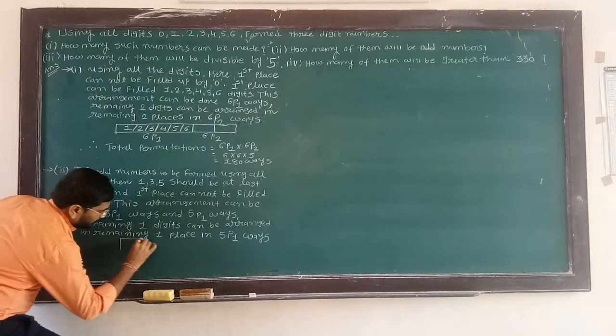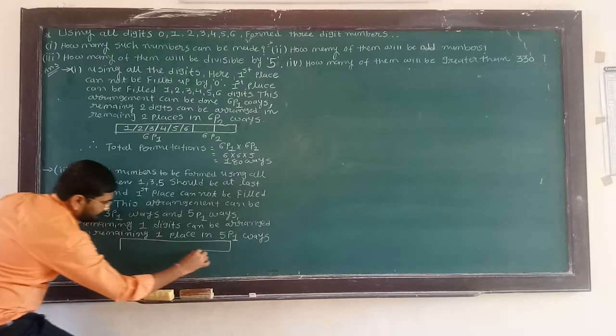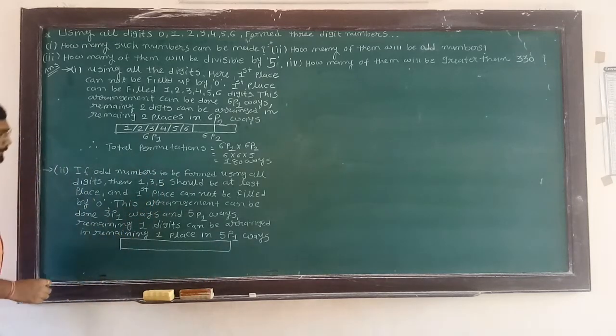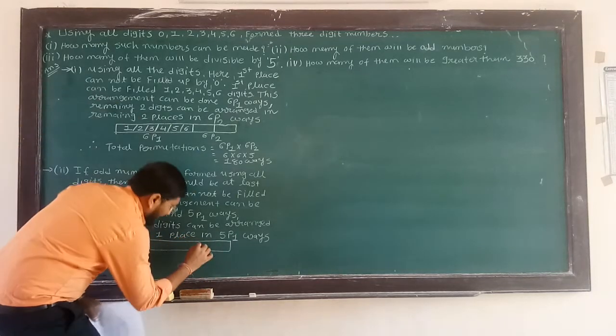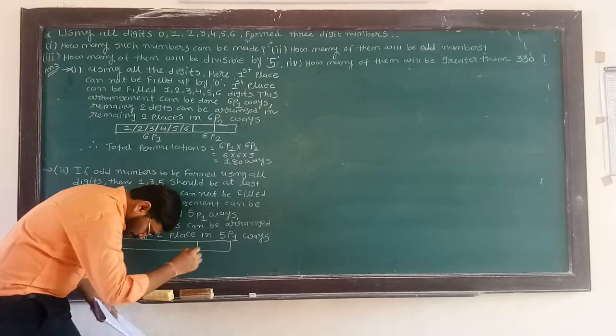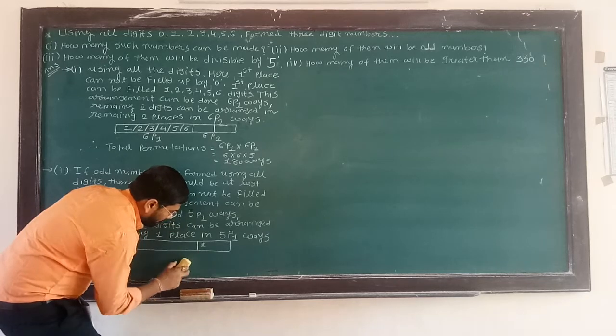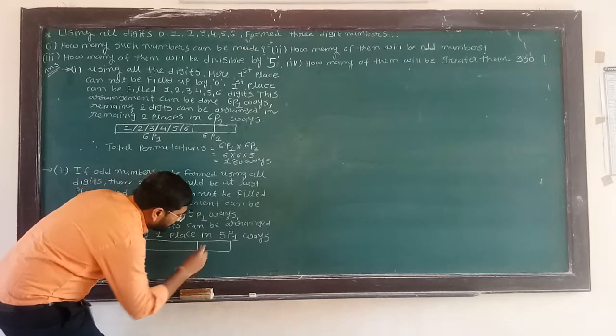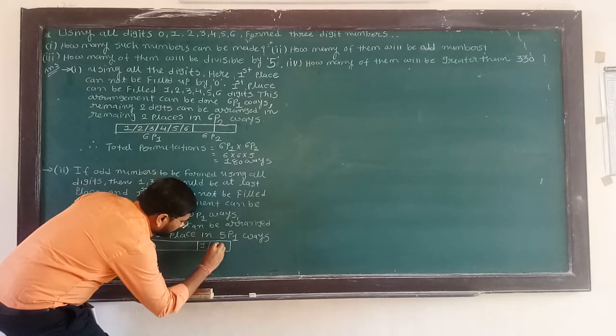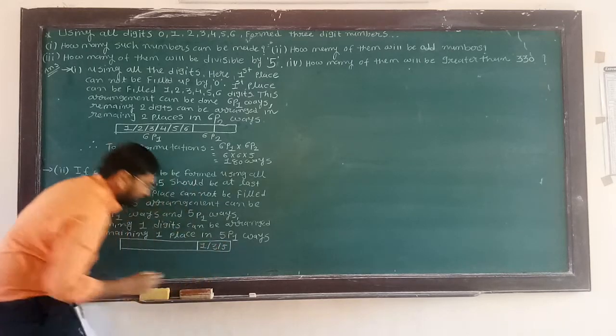Here we arrange, here we put it at the last place. Out of 3 numbers, 1, 3 and 5.